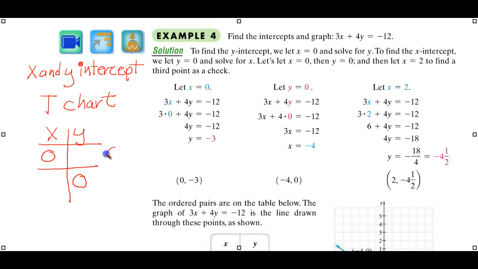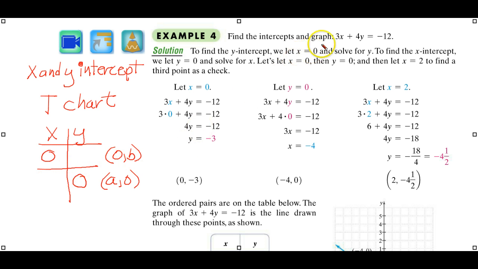Now for this value, it's going to be 0 comma b. Whatever we find for the y will be our b, our y-intercept, and this one will be a comma 0. That is, once y is 0, then this is going to be our x-intercept.